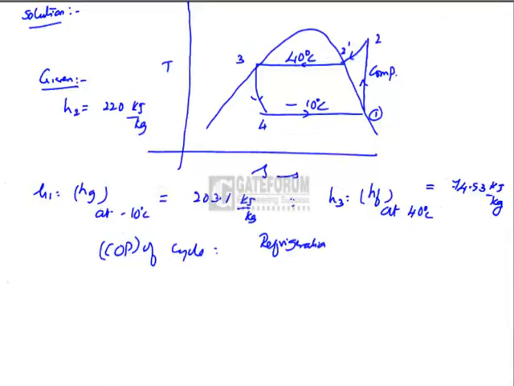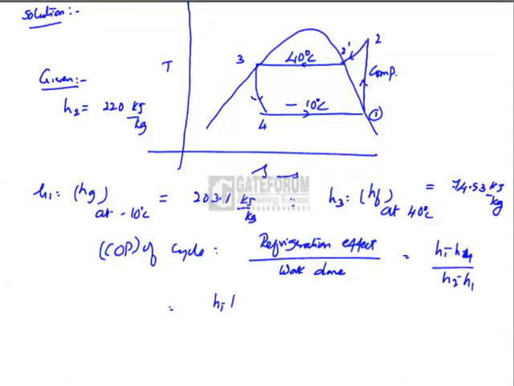Therefore, immediately I can calculate COP of cycle is equal to refrigeration effect divided by work done, that is H1 minus H4 divided by H2 minus H1, which can be written as H1 minus H3 divided by H2 minus H1.